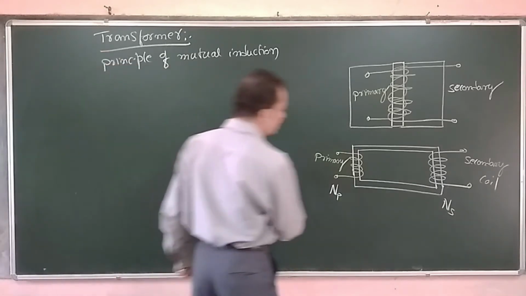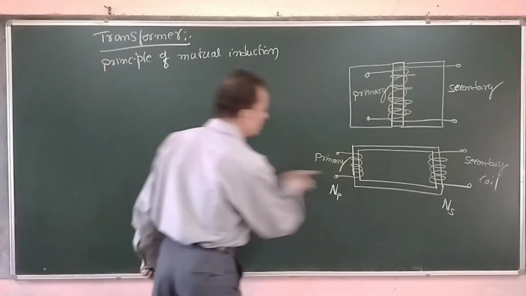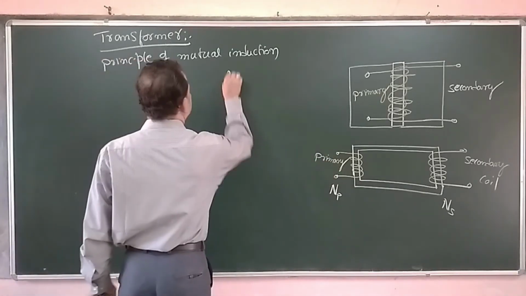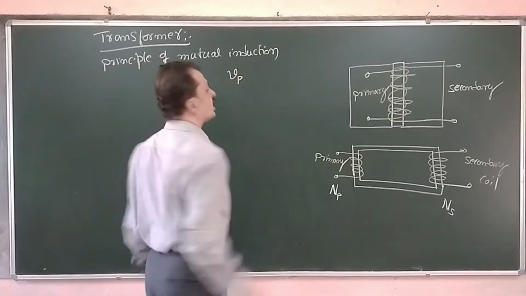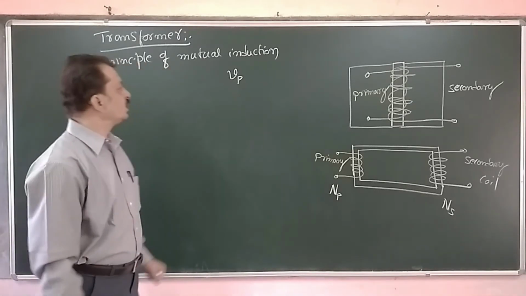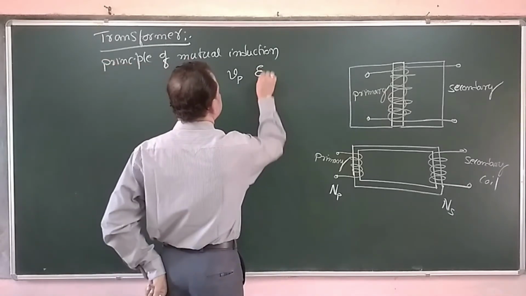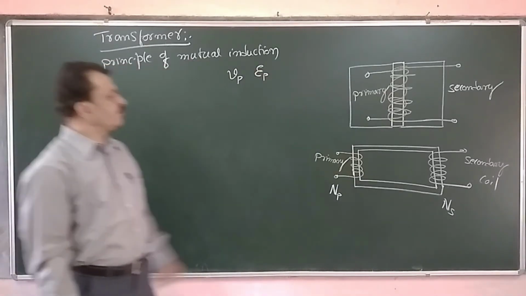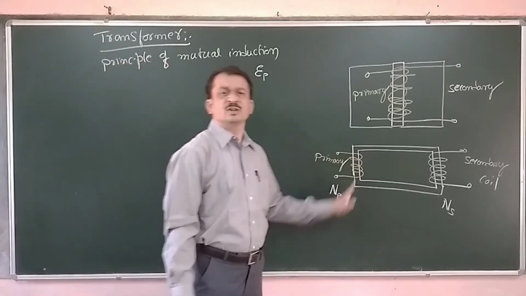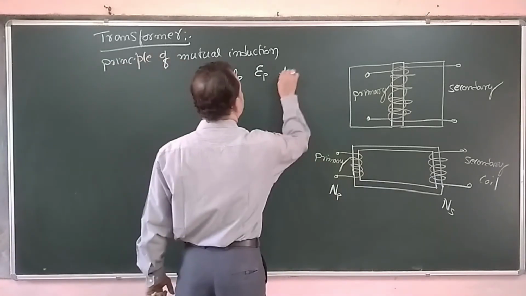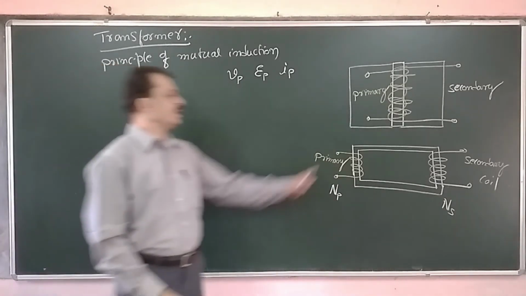As and when the AC voltage is applied to the primary coil, let that voltage be VP, or EMF EP. Now the EMF EP is applied to the primary coil. Obviously, there is a current flowing through the primary coil. Let me call that current IP.